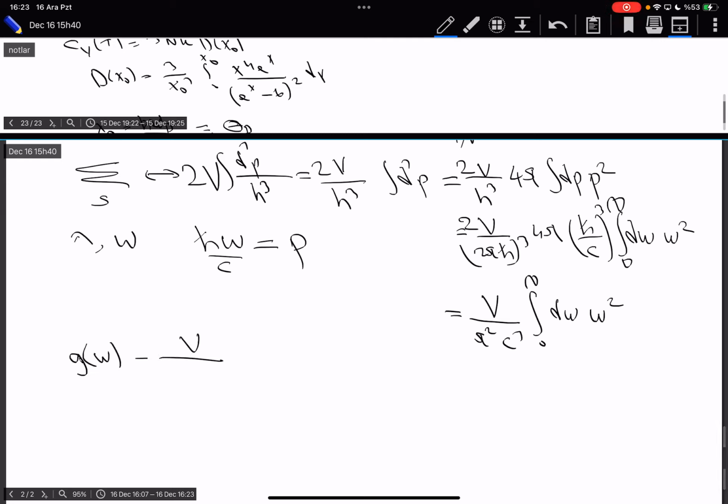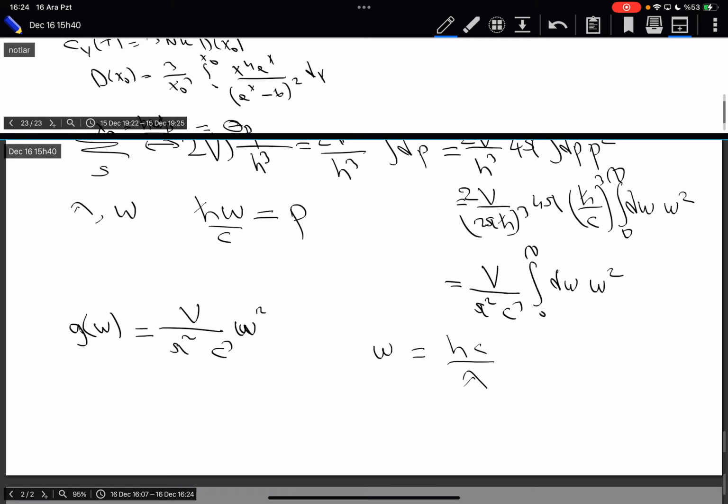You mean hc over lambda? You see, we can talk about the frequency and the wavelength of any wave, even the waves on the sea. So we cannot have h bar over there. So forget about h.